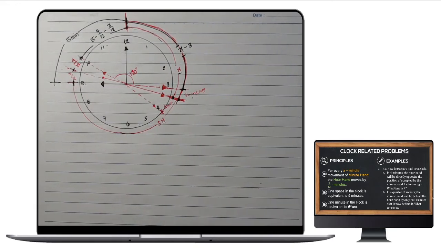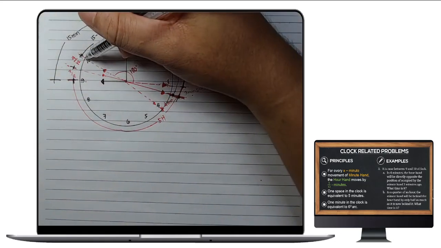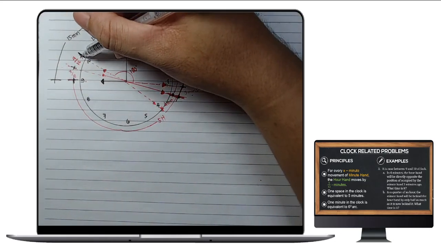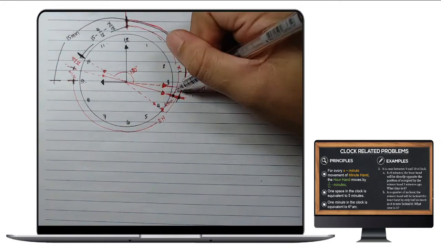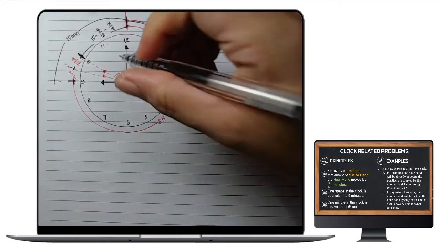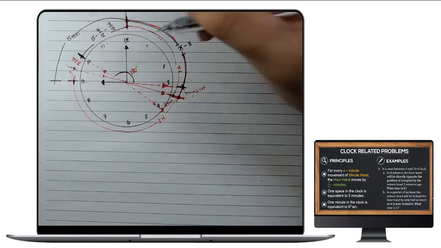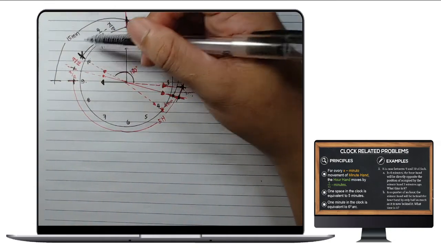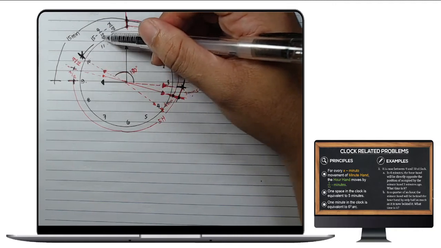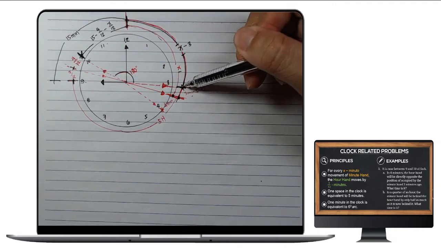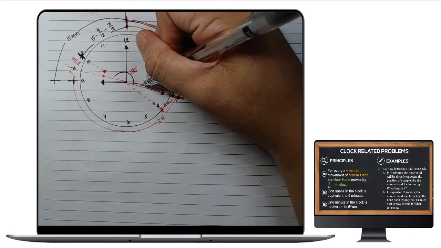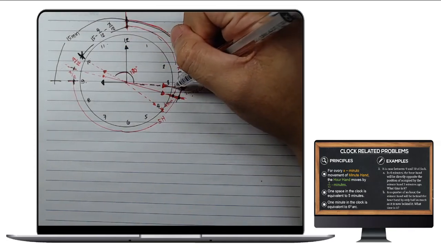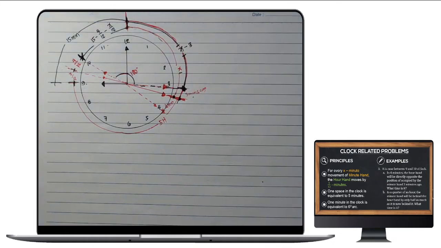Now, we know that the displacement from here through here is 180 degrees, as stated in the problem.